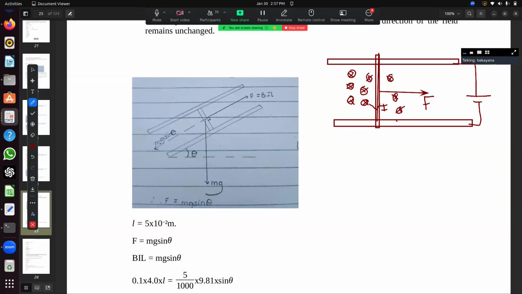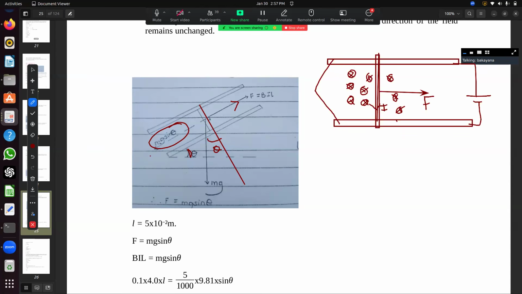So here we have a case where the rails are tilted through an angle theta. For the rod to move like that, the magnetic force should balance the component of the weight which is along the rails. That's why we had to resolve this. This angle theta is the same as that angle theta.